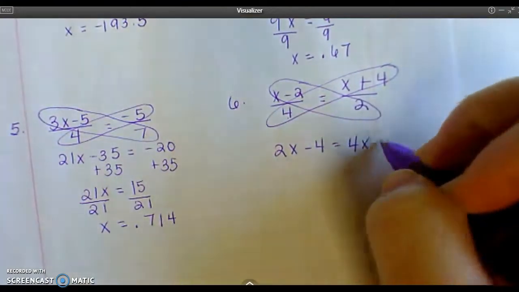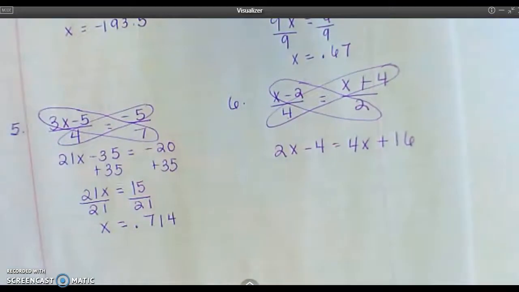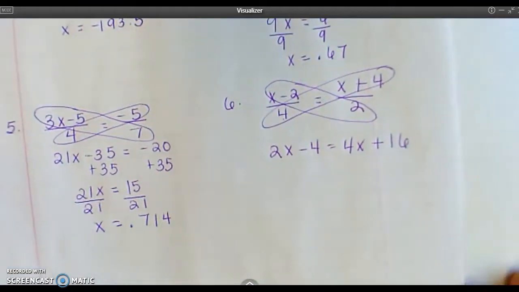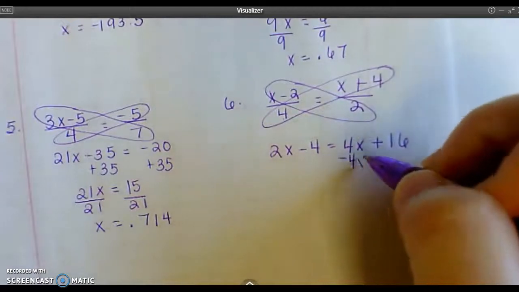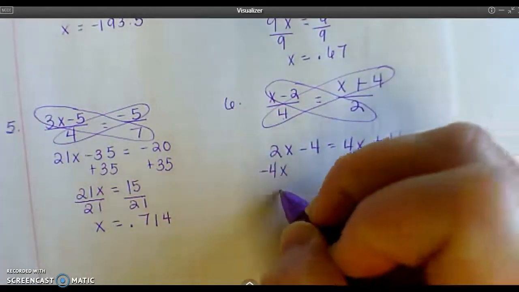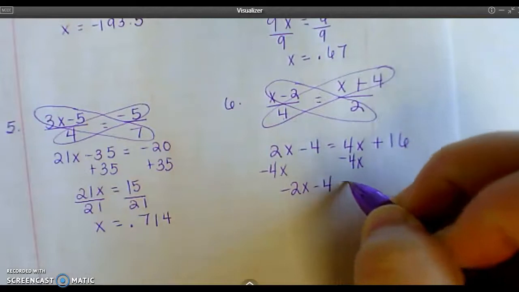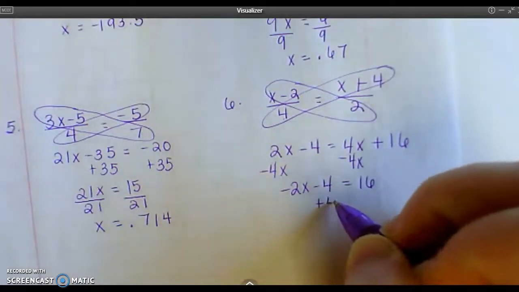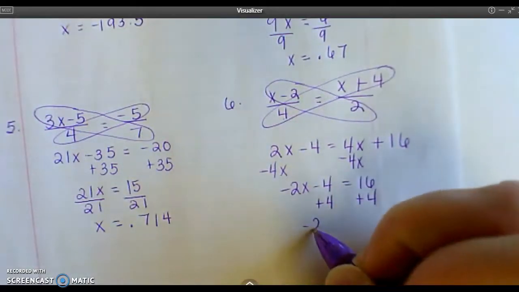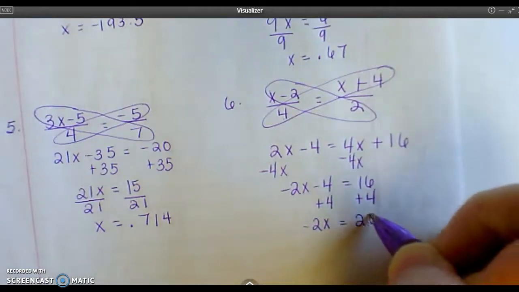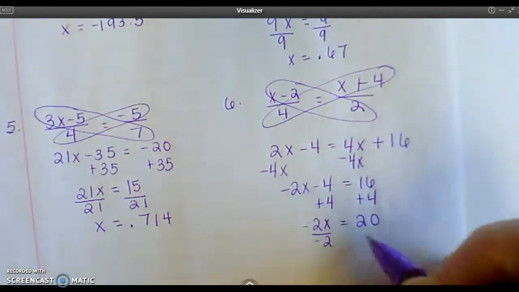So 4x plus 16. Okay, now you want to get your x's together and your numbers together. So if I move the 4x over here, and then add 4 on both sides, and then divide by negative 2.